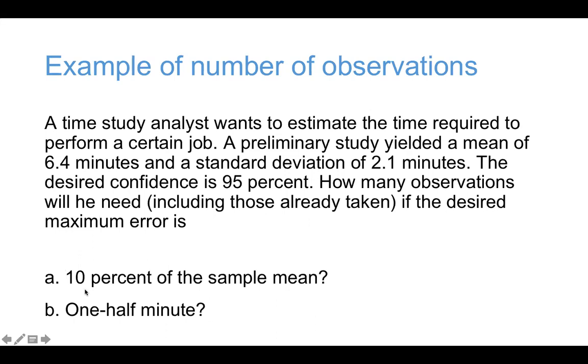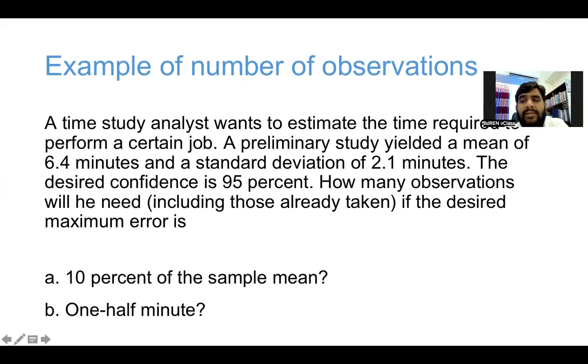If you want 10% error, maximum error is 10% of the sample mean, then how many observations do you have to take? What is the Z value of 95%? The 95% Z value is 1.96. So what is the value of N?